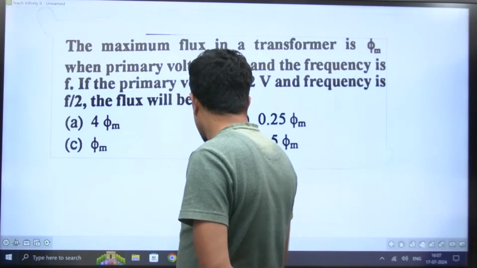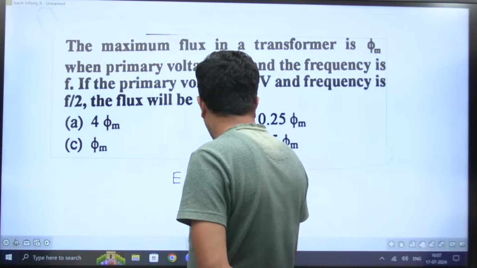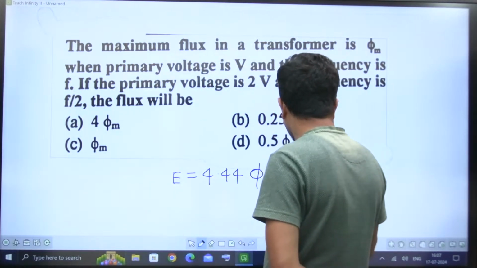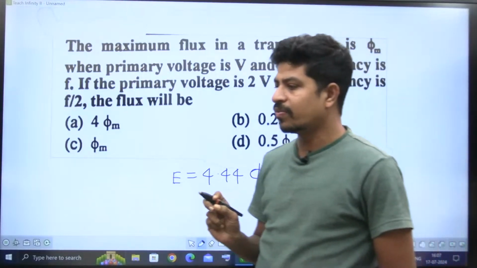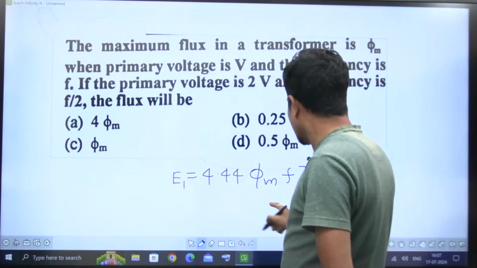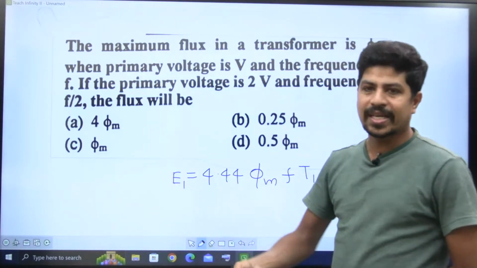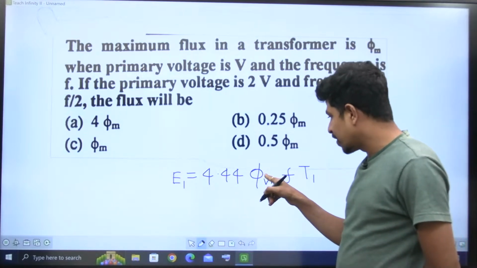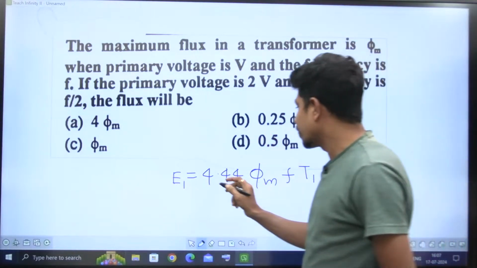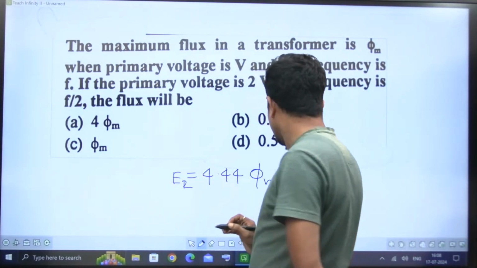Let me write the induced EMF: E = 4.44 Φm f T. For the primary induced EMF, this will be E1 and T1. I'm taking 1 to mean primary and 2 to mean secondary. Φm is the maximum flux, f is the frequency, and T1 is the primary number of turns. If I take 2, then it is the secondary number of turns.